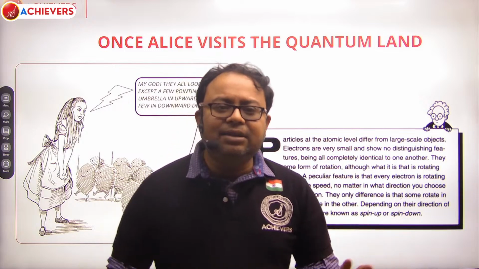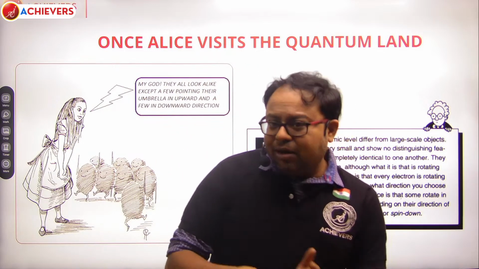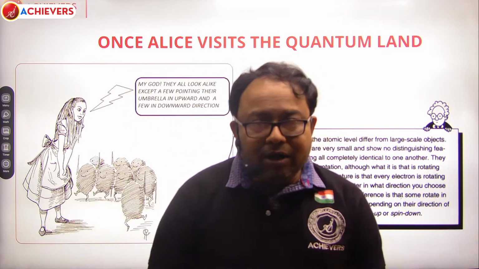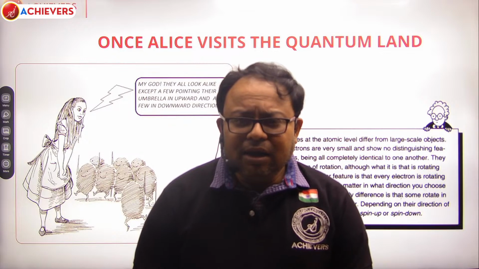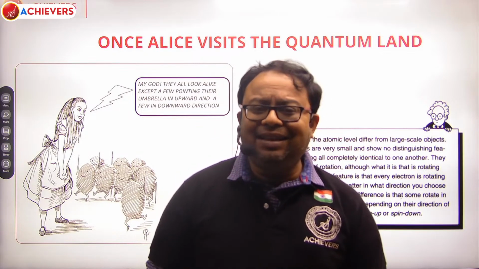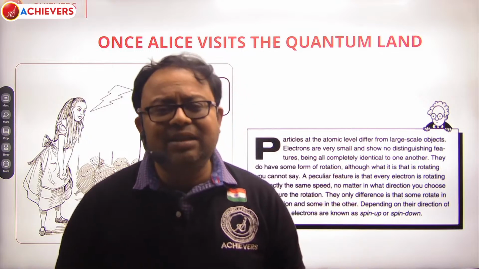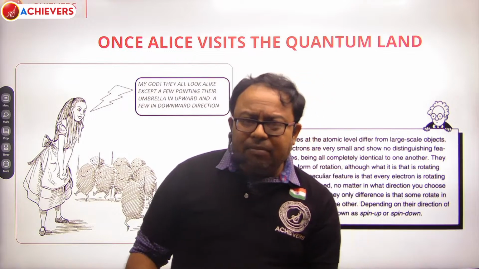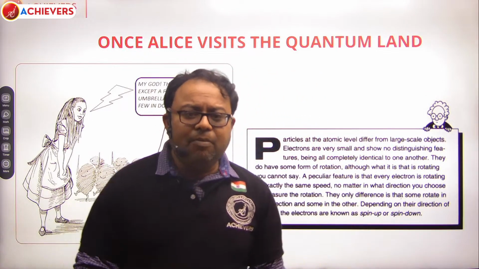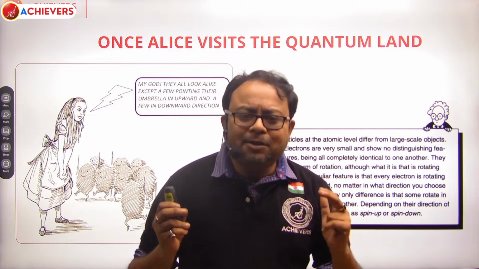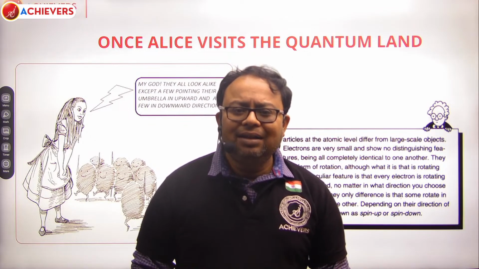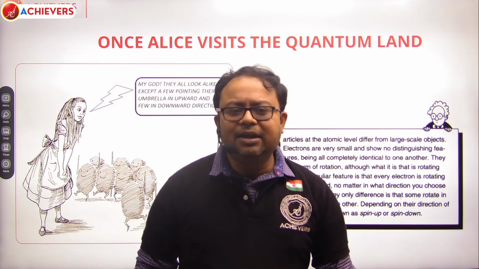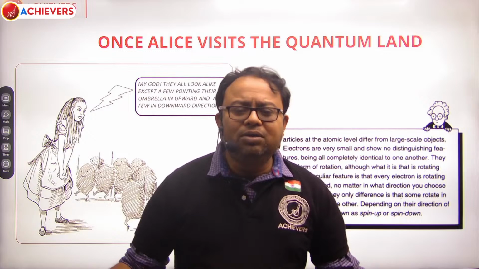But whenever you enter into the quantum world, you'll find microparticles and they are indistinguishable. An electron coming from a sodium atom and another coming from a potassium atom are absolutely alike. They can't be distinguished. They all look the same.